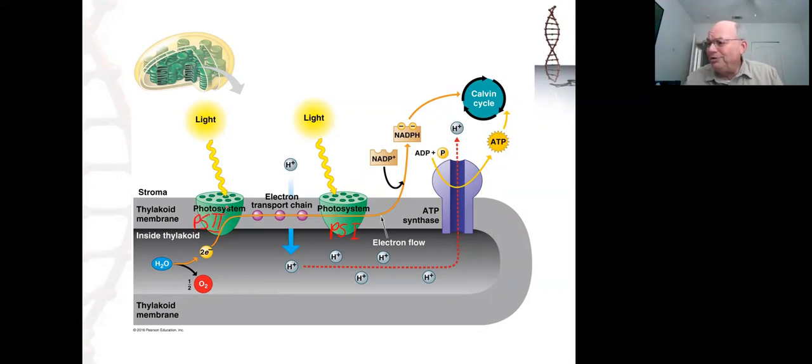Our electron transport chain is transporting the hydrogen ions as the electrons pass through the chain. So remember, it's a pair of electrons that are passing through here, and as they move through, just as we saw in the mitochondria, we use hydrogen ions to balance that charge, and the hydrogen ions wind up in the space inside the thylakoid.